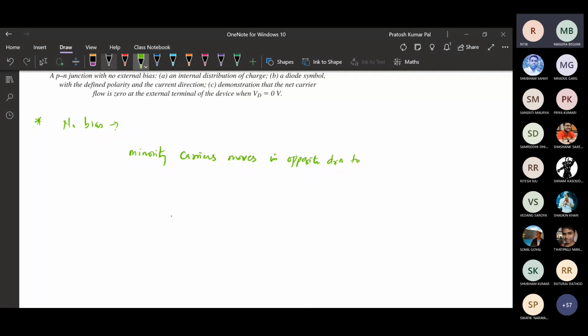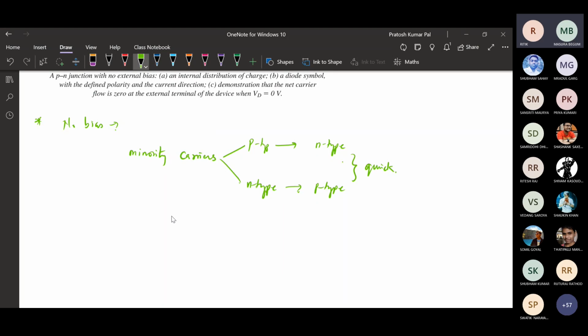We can symbolically write that if minority carriers are available in the p-type, they will be moving to the n-type side, and minority carriers available in the n-type will be moving to the p-type, and this movement will be a quick movement.